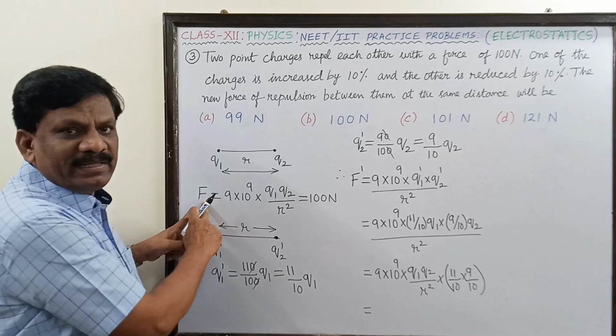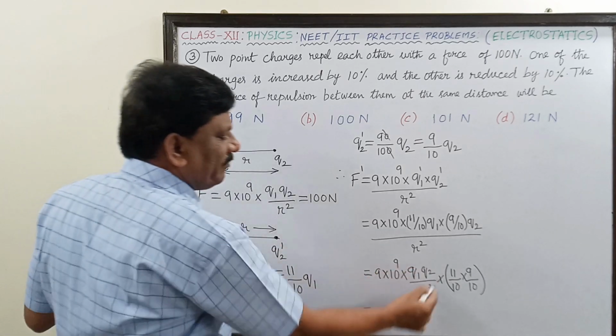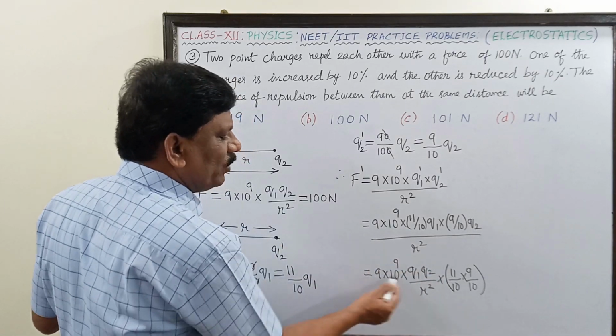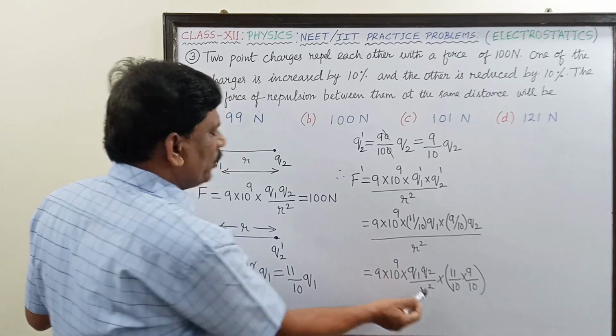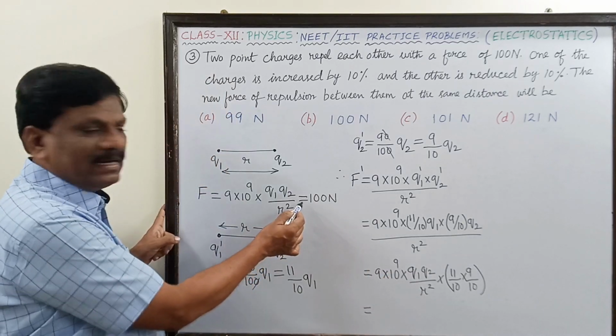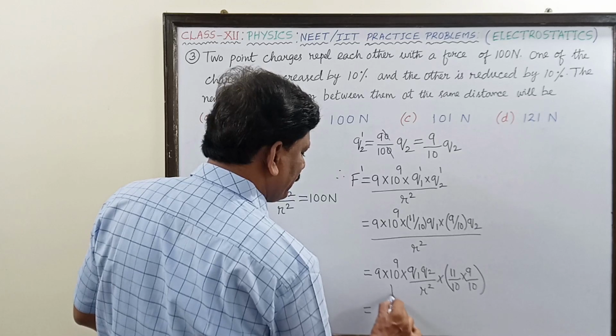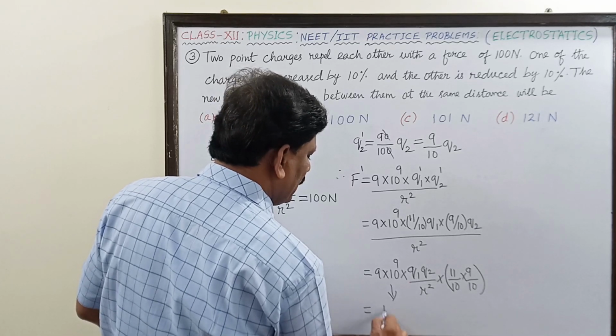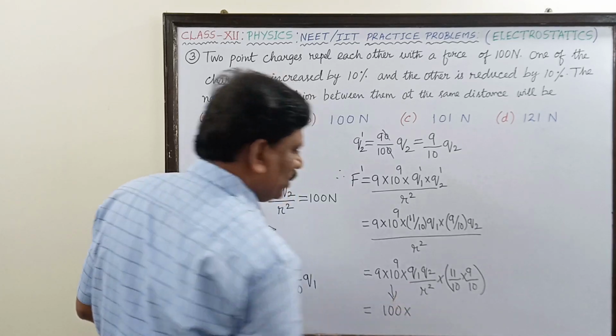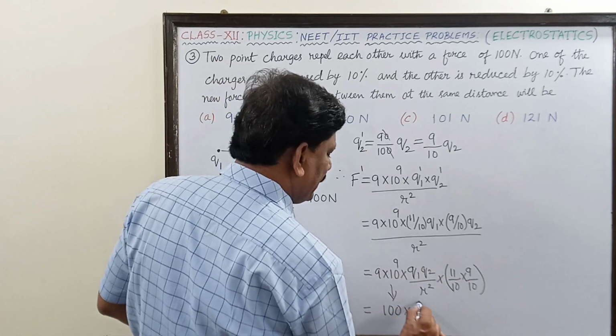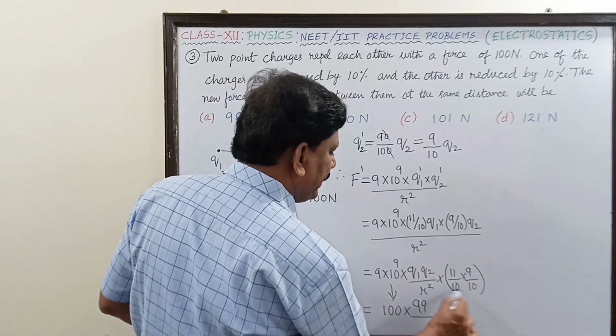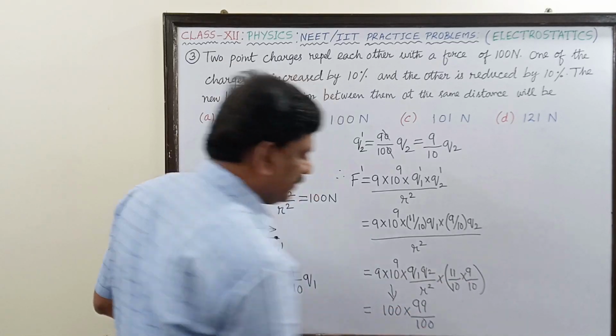So that is equal to what? F itself. So in place of the first product I can substitute 100 Newton. So in place of this I will substitute 100 into 11 nines are 99 divided by 10 tens are 100.